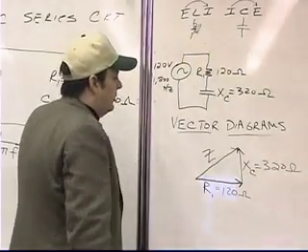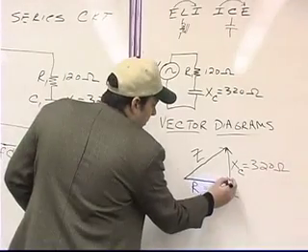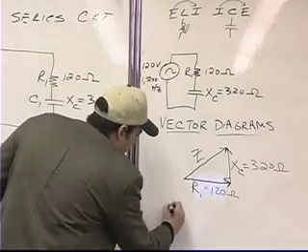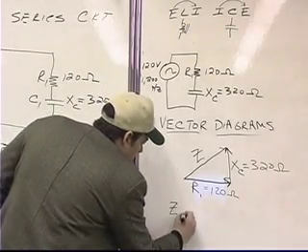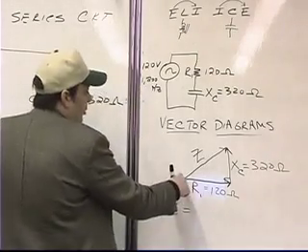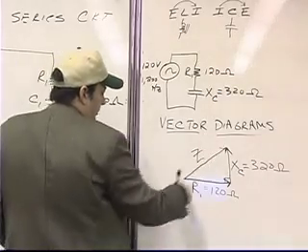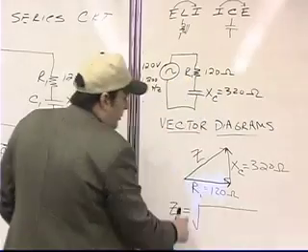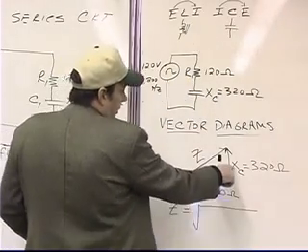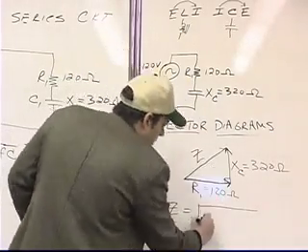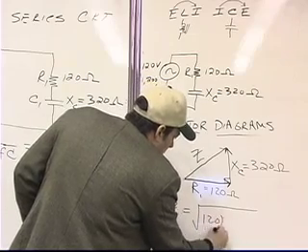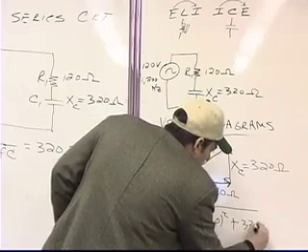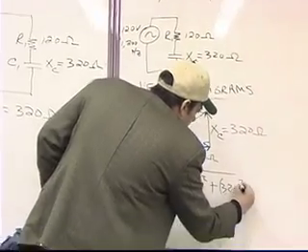Okay? So using the Pythagorean theorem, knowing that this is a right triangle, we could then easily calculate what the total opposition to current flow is for the circuit, or the length of the hypotenuse. So Z would be equal to the square root of R squared plus X of C squared, or 120 quantity squared plus 320 quantity squared.